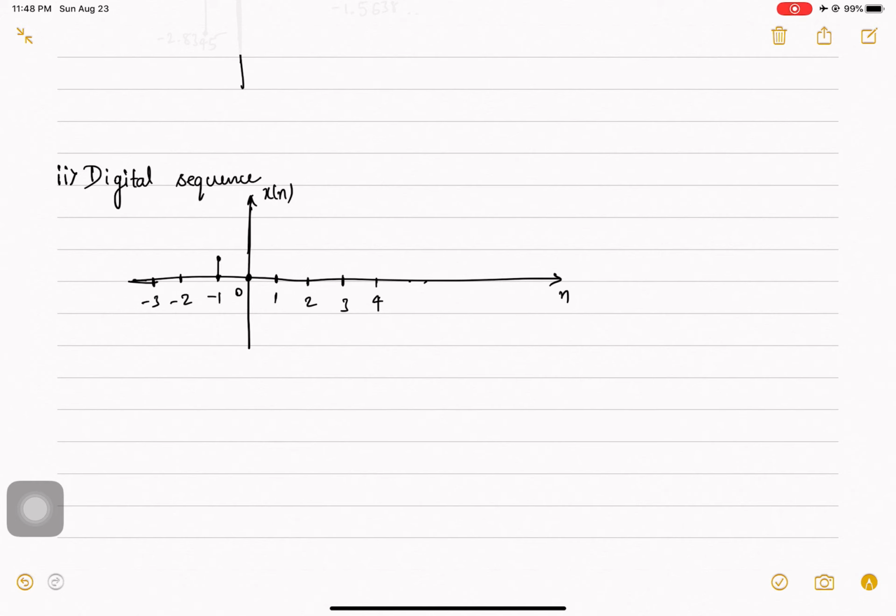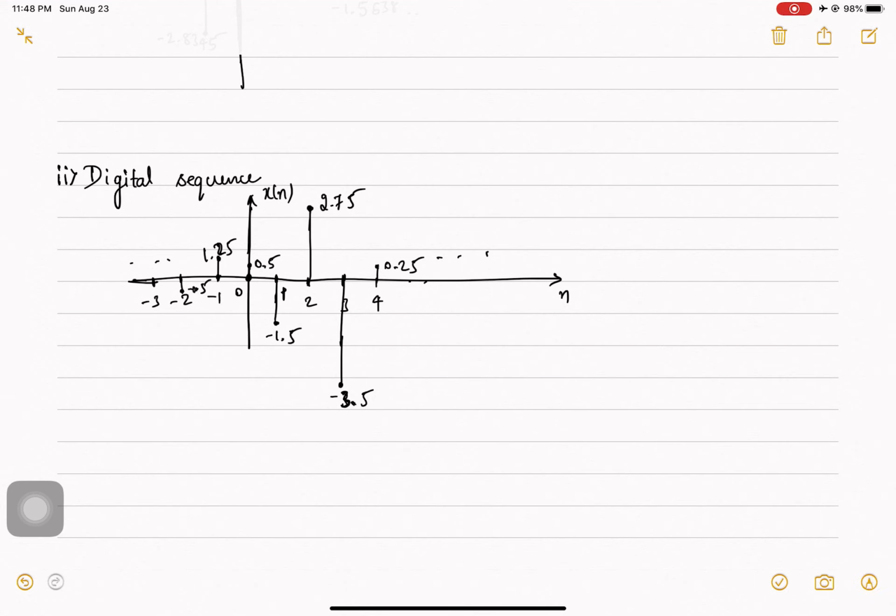Let's say this is 1.25, this is 0.5, and this is minus 1.5, so on and so forth on the left and on the right.